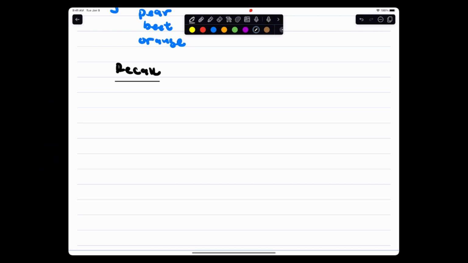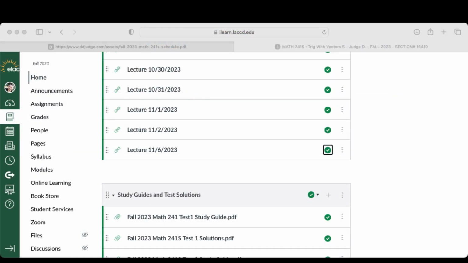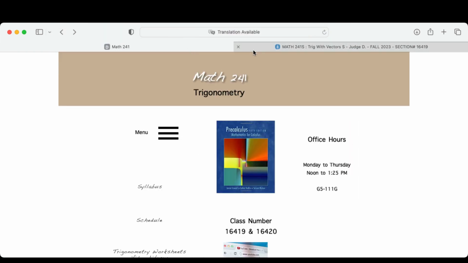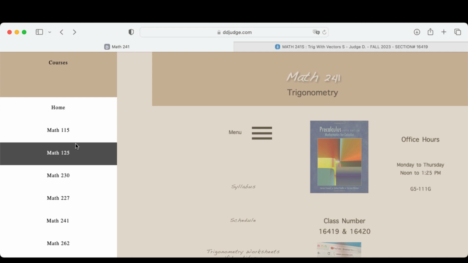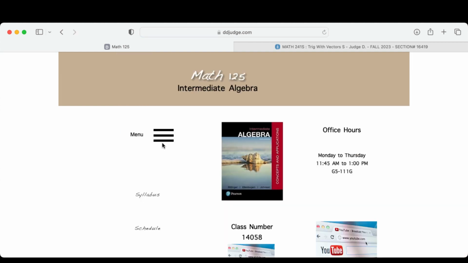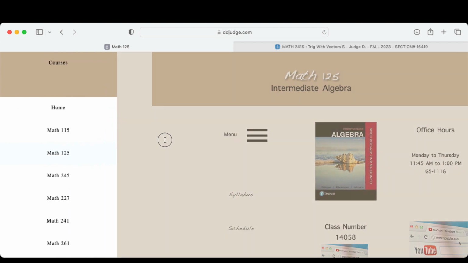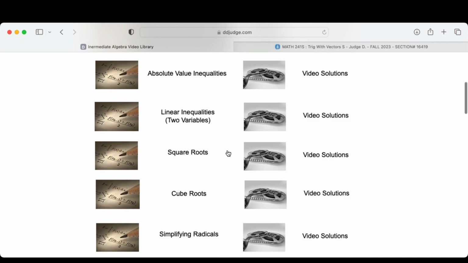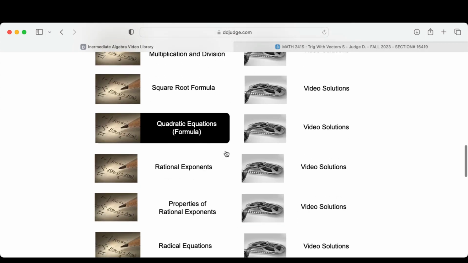Back in intermediate algebra, functions and their inverses, I can even share that with you. Let's go to 125, and the worksheets and videos in intermediate algebra are still there.